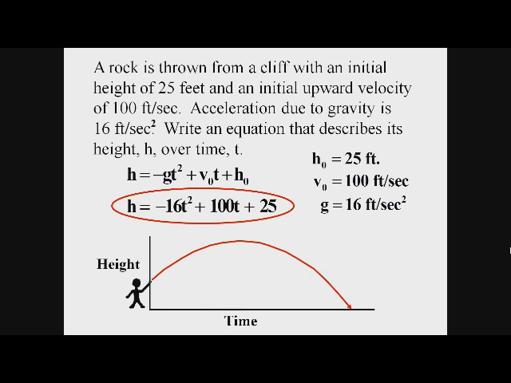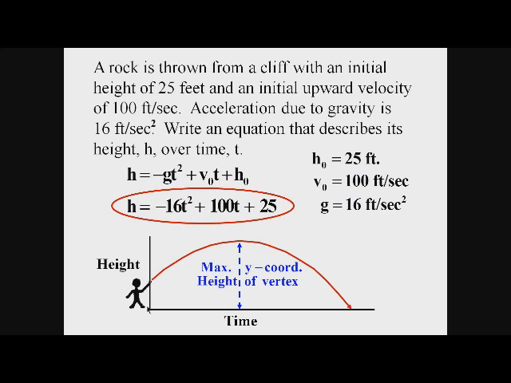Now, there are several different questions I could ask once you know this equation. I might ask, what's the maximum height reached by the rock? If I ask that question, then what you are looking for is the y-coordinate of the vertex, because the vertex represents the highest point reached by the rock. The y-coordinate represents its height, and the x-coordinate represents the time that has gone by before it reaches that height. I could easily ask two questions here once you know the vertex.